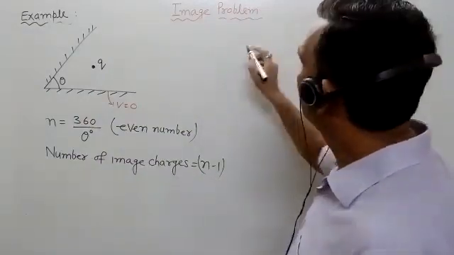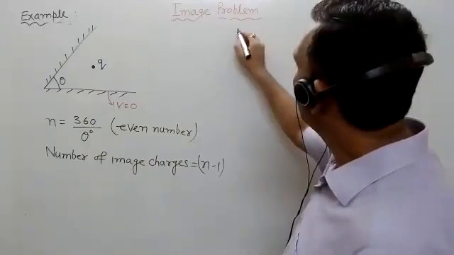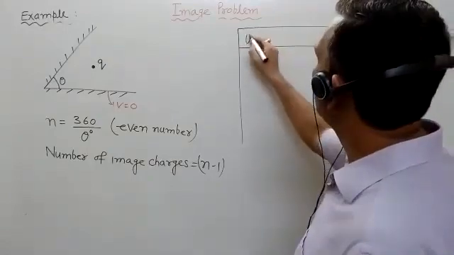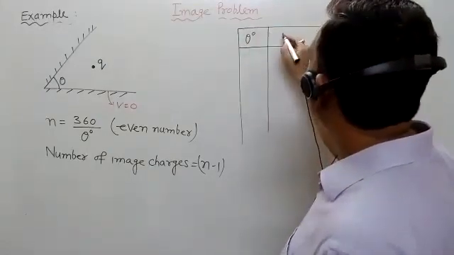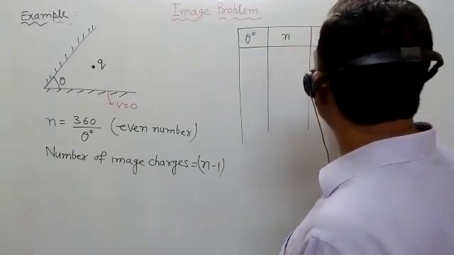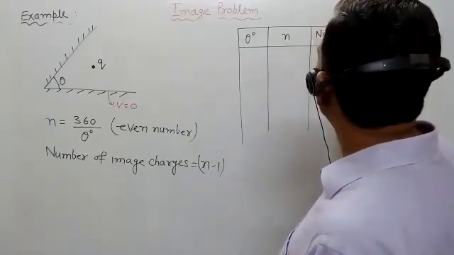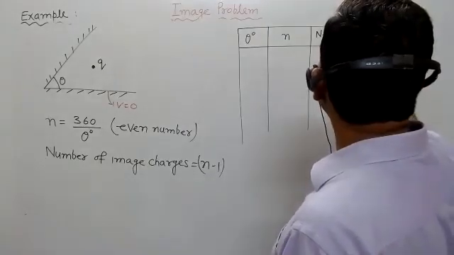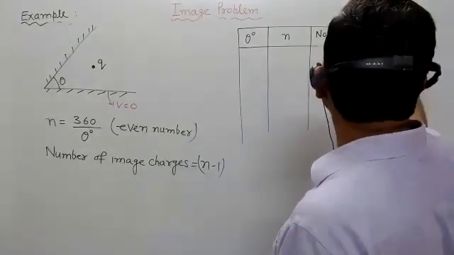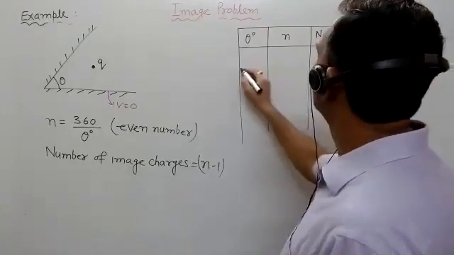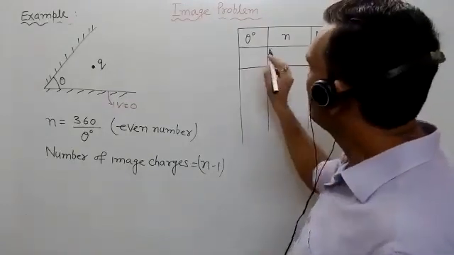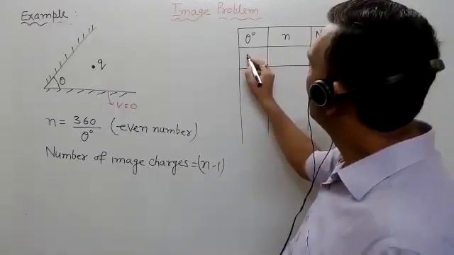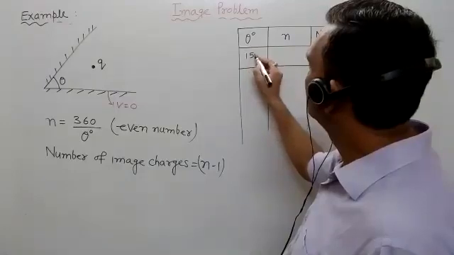So let us take different angles. Let us take theta in degree, then you have to write n, and then you have to see the number of image charges. How many image charges will develop? So let us first see, theta is 15 degree.